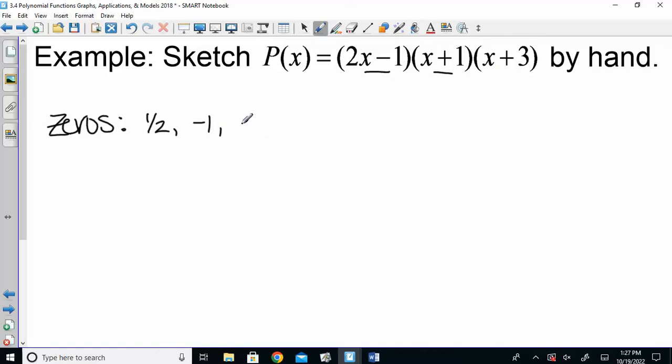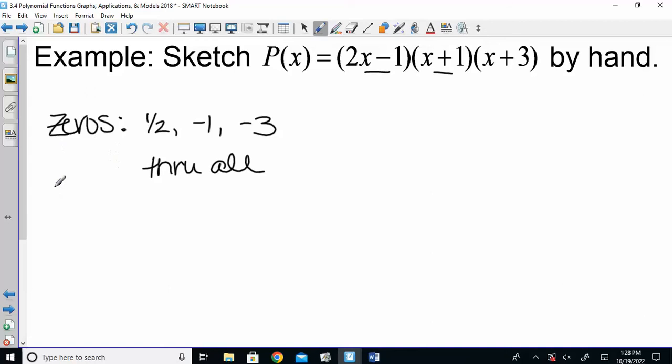And x plus 3? Then the next question is, does the graph bounce or go through at each of these zeros? If we don't have a multiplicity written, it's just 1. 1 is an odd number, so what should our graph do? It will go through every one of those.